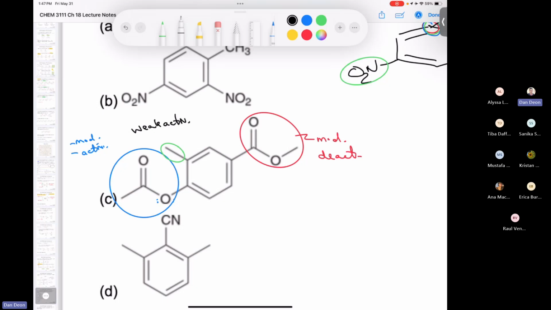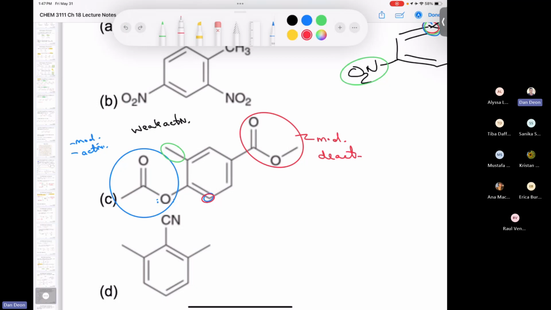So now let's figure this out. We'll start with the strongest one, which is the moderate activator. The moderate activator is going to direct to the ortho and para positions. Two of them are blocked. The only one that's open is this one here, okay? The moderate deactivator is going to direct to the meta positions. One of them is blocked, the one with the methyl group on it, but this one is open. And the methyl group is going to direct to this position.